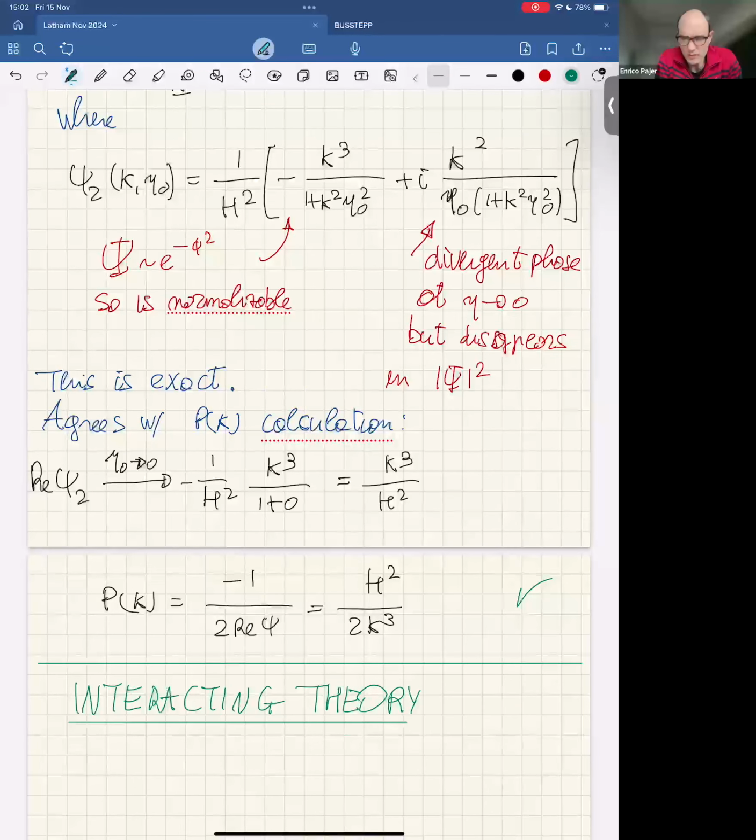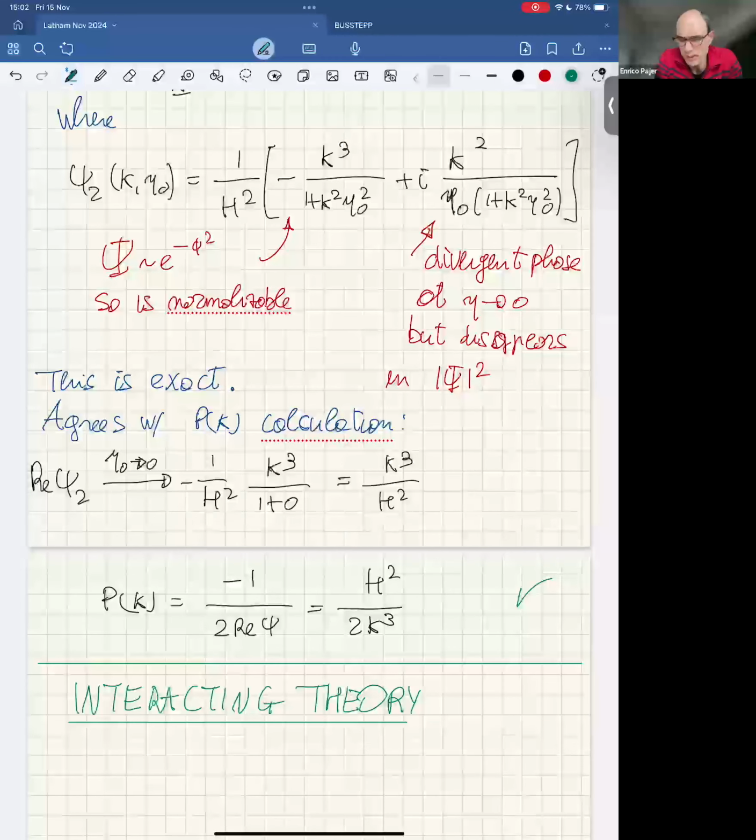So formally, you can write down a counterterm that reabsorbs it. And because this term is analytic, it's just k squared, actually it's just the kinetic term that provides that counterterm. And you can reabsorb that divergence if you want.